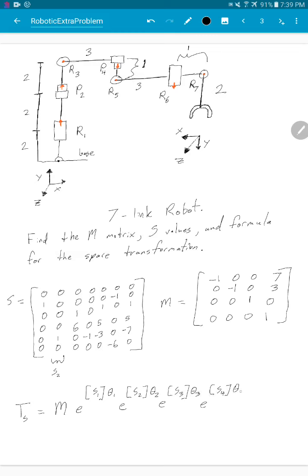And something else to note is that each of these S columns are a 6x1, but once you put it in the bracket, it becomes a 4x4 matrix. And each of these thetas are just the angle of each of these joints. And so each of the angles are just like a single value, not a matrix or anything.